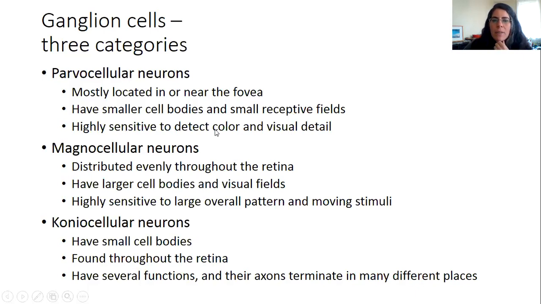They're highly sensitive to color and visual detail. Magnocellular neurons, distributed evenly throughout the retina, have larger cell bodies and visual fields, and are highly sensitive to overall patterns and movement. Coniocellular neurons have small cell bodies found throughout the retina and have several functions. Their axons terminate in multiple different places.